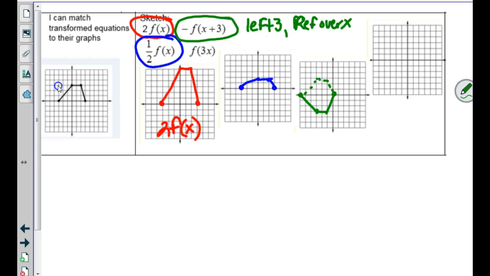This one left 3 would be at -3, so it should be down here. Yeah, -3, -3. This one was at +2, so left 3 would be at -1, so it should be at, okay. Last one. Anybody know this one?